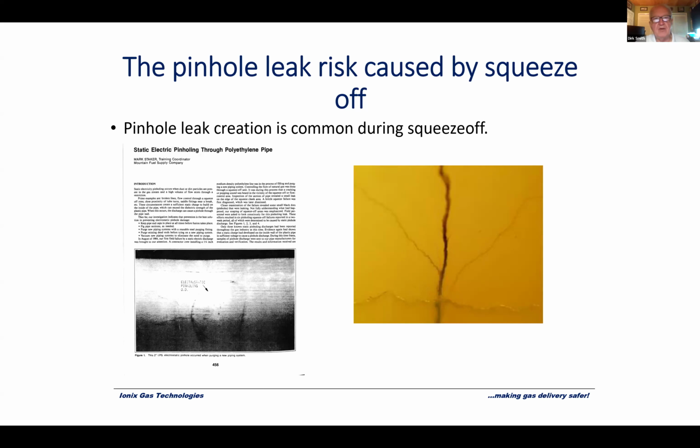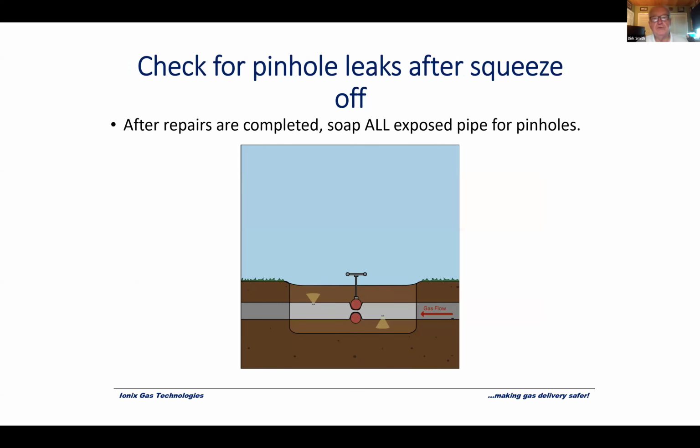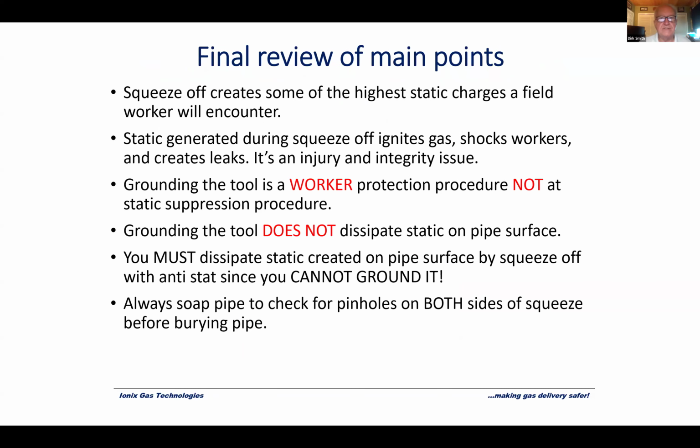Now, yellow poly pipe doesn't have black inside it. That black is burned polyethylene. The heat of the arc, when it arced through the wall from the inside out, created enough heat to burn the plastic and create a channel that leaks gas. So whenever you do a squeeze off, after your repairs are completed, you want to soap all your exposed pipe for pinhole leaks.